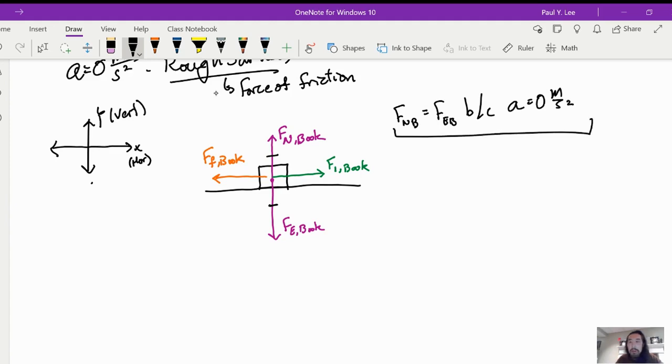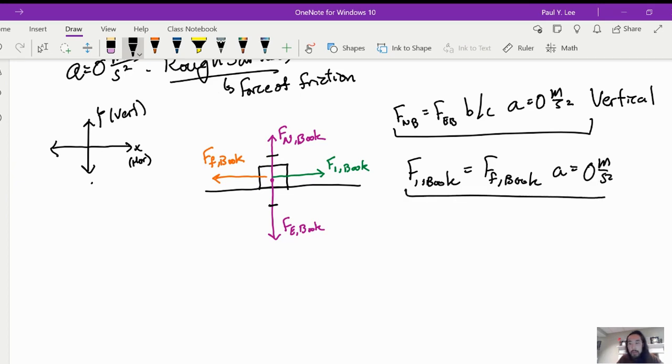We're not speeding up or slowing down in the vertical axis. All right, and we can also say F1 on the book is equal to the force of friction on the book. And that's because the acceleration is equal to 0 meters per second squared in the horizontal axis. Okay?